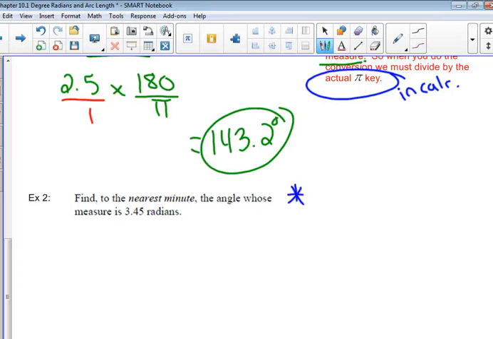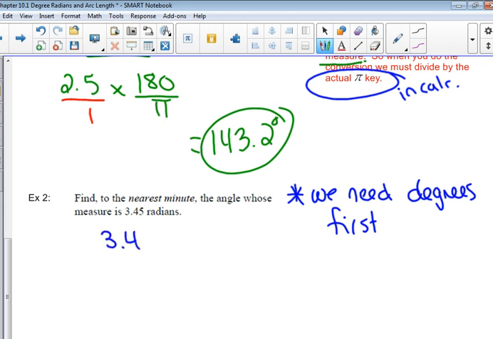So we need degrees first. You're going to do just what you did up here. Get it into degrees, and then we have to convert it into minutes.